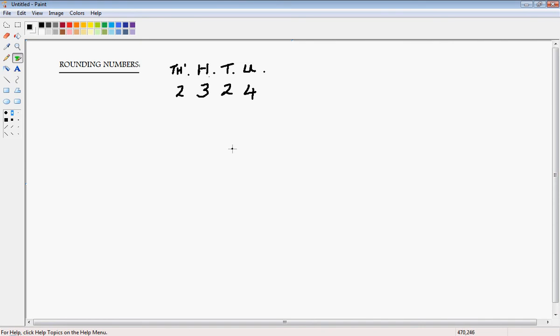So what we're doing is rounding to the nearest whatever unit, so it would be 1,000, 100 or tens or units sometimes, and giving our answer accordingly.